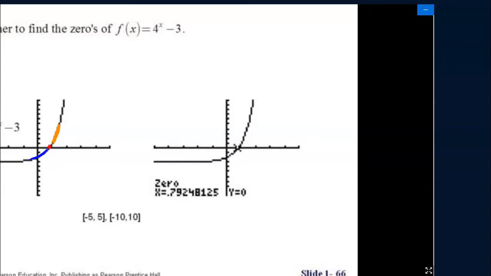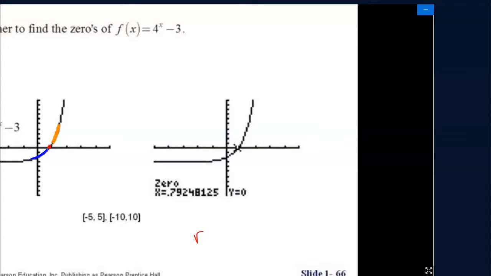0.792. If I asked you to describe the transformations, the -3 tells me what about this function? Brooke? Exactly, it was shifted down 3. What would that do to the range of this graph?